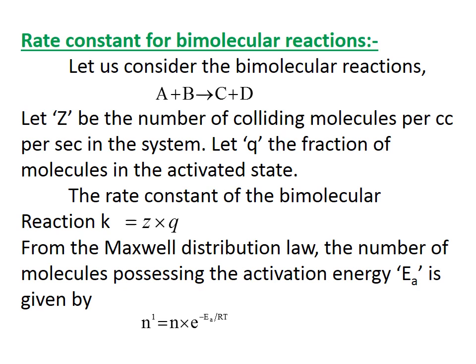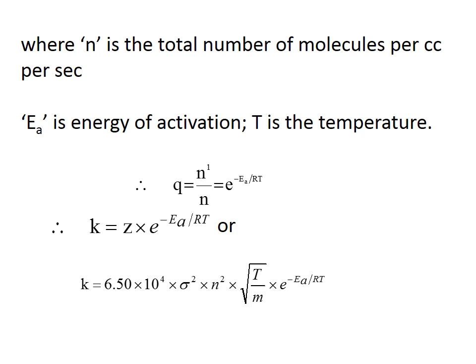You know that Z is the number of colliding molecules present in the system. From the Maxwell distribution law, the number of molecules possessing the activation energy EA is given by N dash equal to N into e power of minus EA by RT. Here N dash is the number of molecules possessing activation energy EA, N is the total number of molecules present in the system, EA is the activation energy and T is the temperature.